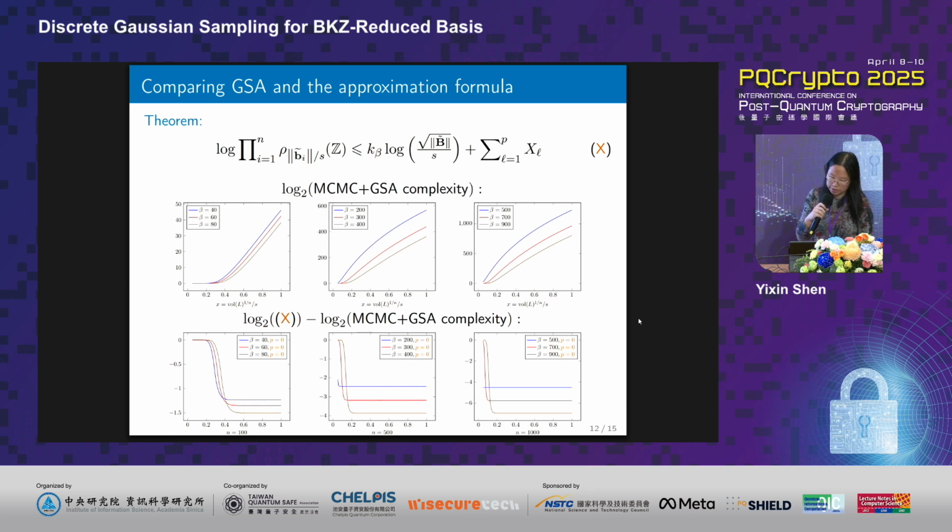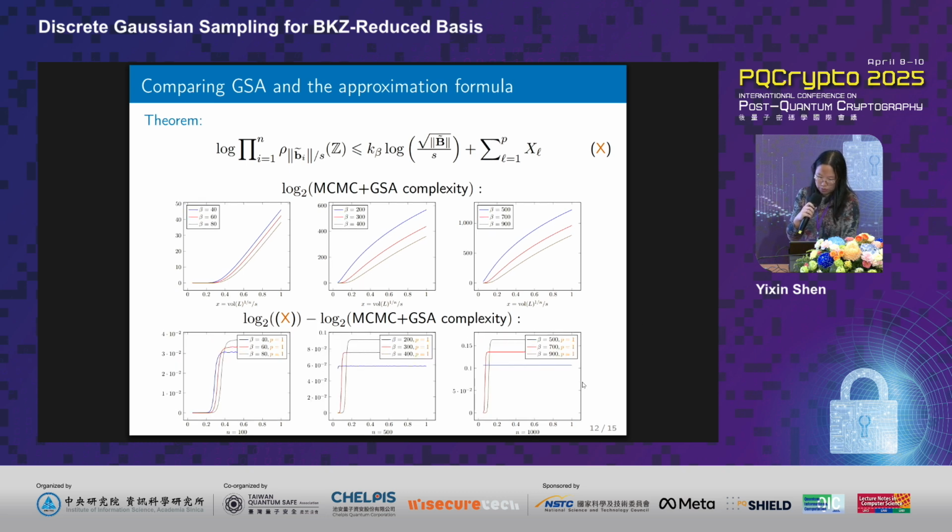It means that I only draw the dominant term. So you see that the difference is quite large, especially for n large. But when we take p equals 1, so only one correction term, the difference is already smaller. And when p is equal to 3, the difference is now negligible.